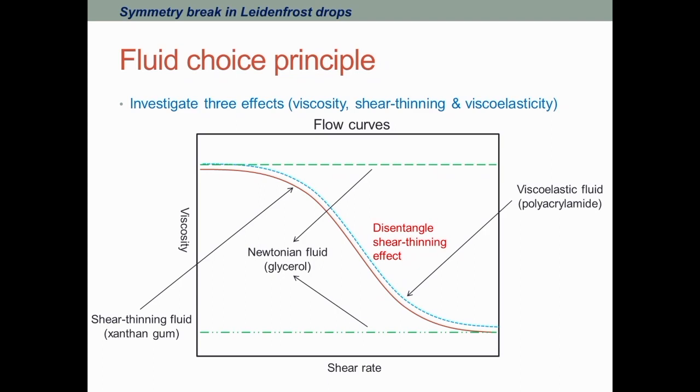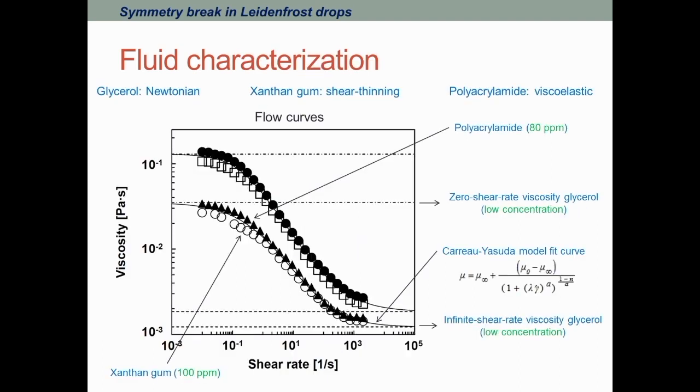Then we prepare 2 Newtonian fluids at the 2 end viscosities. This one is the zero shear rate viscosity. This one is the infinite shear rate viscosity, using glycerol solutions. These are the data measured from the rotational rheometer. The circles are the data of the xanthan gum solution, and the filled triangles are the data of the polyacrylamide solution.